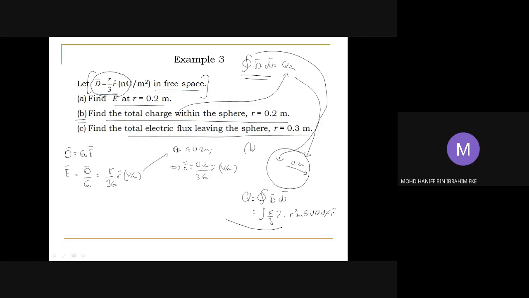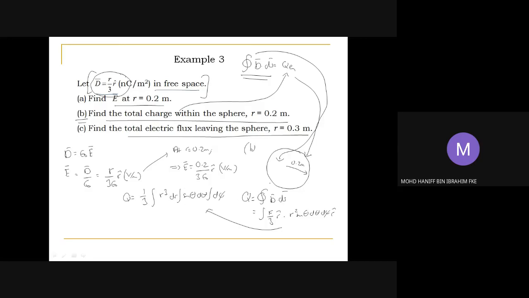So we can proceed with the integrations, where we have 1 over 3 outside here. We have r power of 3 dr, integration of sine theta d theta, integration of d phi.